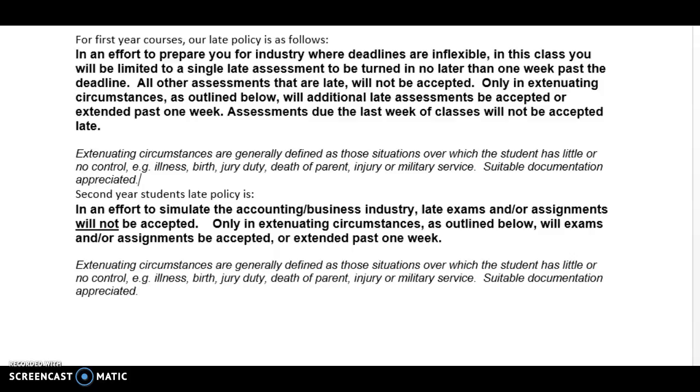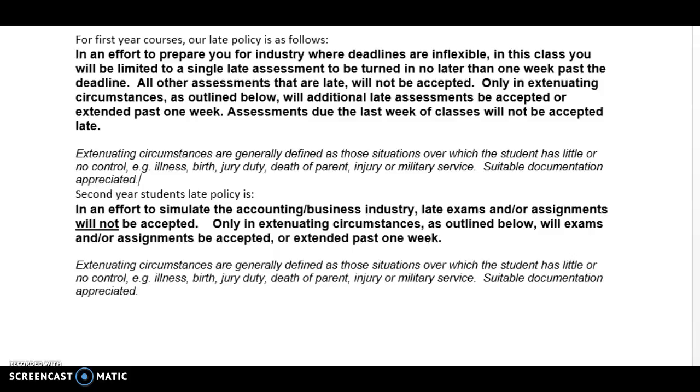Extenuating circumstances are generally defined as those situations over which a student has no control, such as illness, birth, jury duty, death of a parent or loved one, injury or service. Suitable documentation is appreciated. For our second year students, the late policy is a little more restricted.